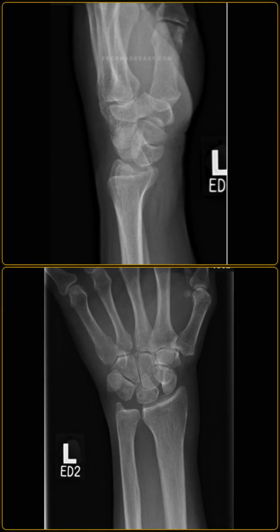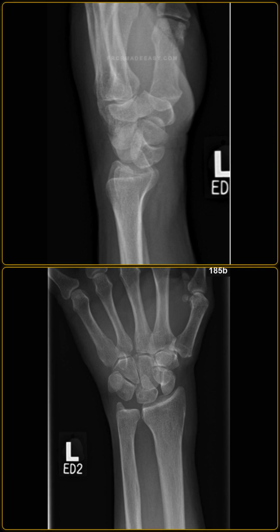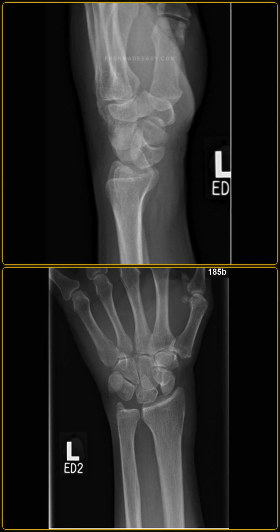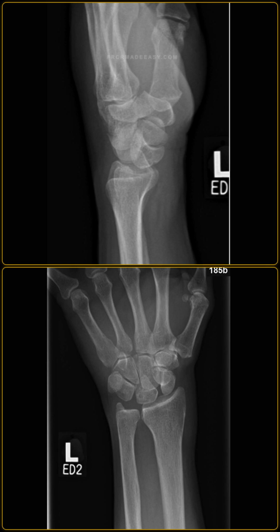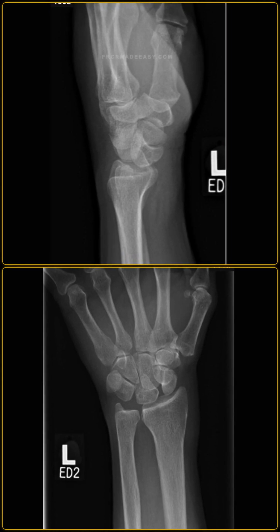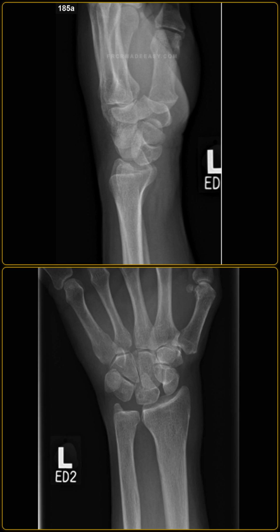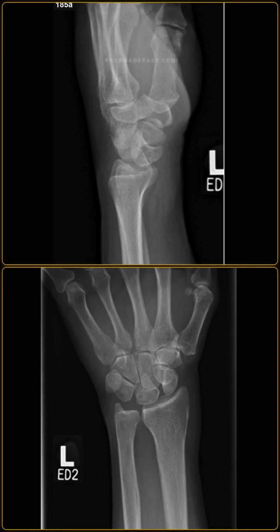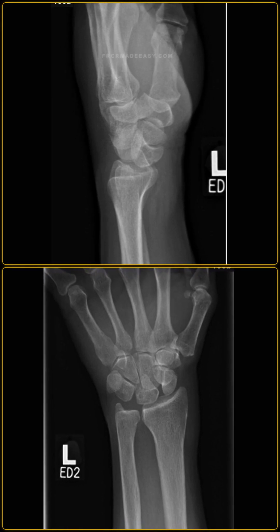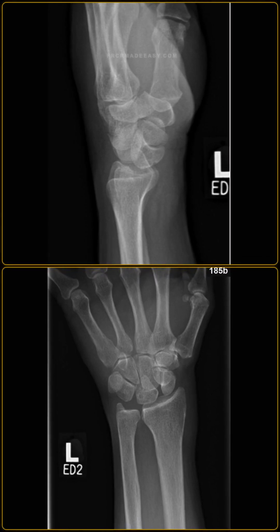Stage 2 is perilunate dislocation, where the capitate dislocates dorsally relative to the lunate, but the lunate remains normally aligned with the radius. Stage 3 is midcarpal dislocation, where the triquetrilunate ligament tears and the capitate is dislocated. Stage 4 is lunate dislocation, the most severe, where the lunate is expelled volarly, losing its alignment with both the radius and the capitate, while the capitate moves dorsally to align directly with the radius.